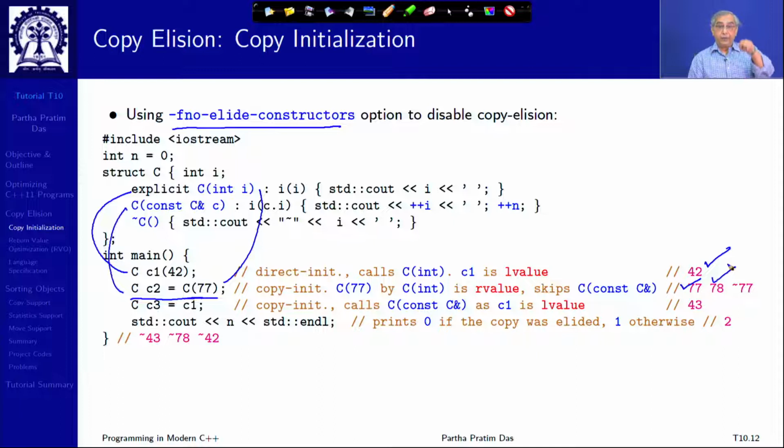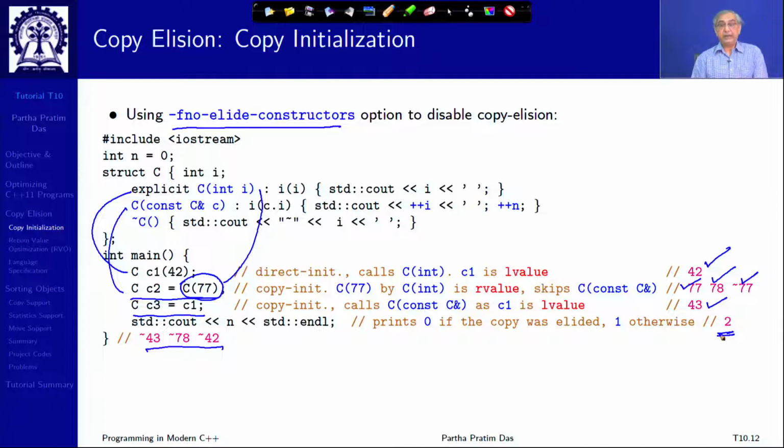After having invoked that, the temporary object C77 which was created has no further use. So, that temporary object is now deleted right here, and then this is the copy construction that you have seen earlier. So, you have created 4 objects and you have deleted 1. You are left with 3 objects that are deleted at the end.